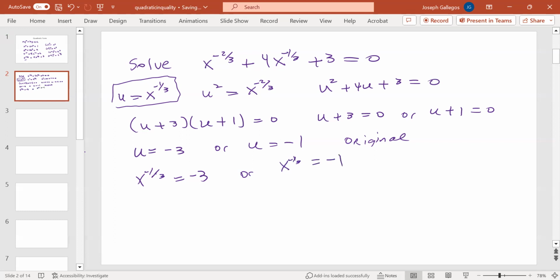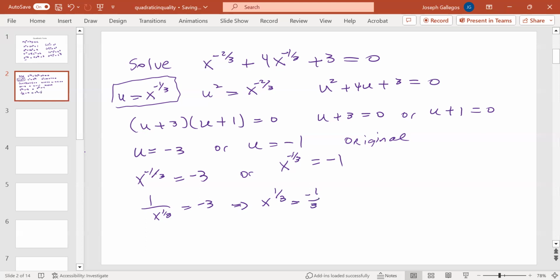And now we want to solve each of these mini equations, remembering that a negative exponent just means that we have it in the denominator. So this would be 1 over x to the 1/3 is equal to negative 3. And as long as x does not equal 0, we can multiply both sides by the common denominator. So I'm going to reciprocate both sides, and we can rewrite this equation as x to the 1/3 is equal to negative 1/3.